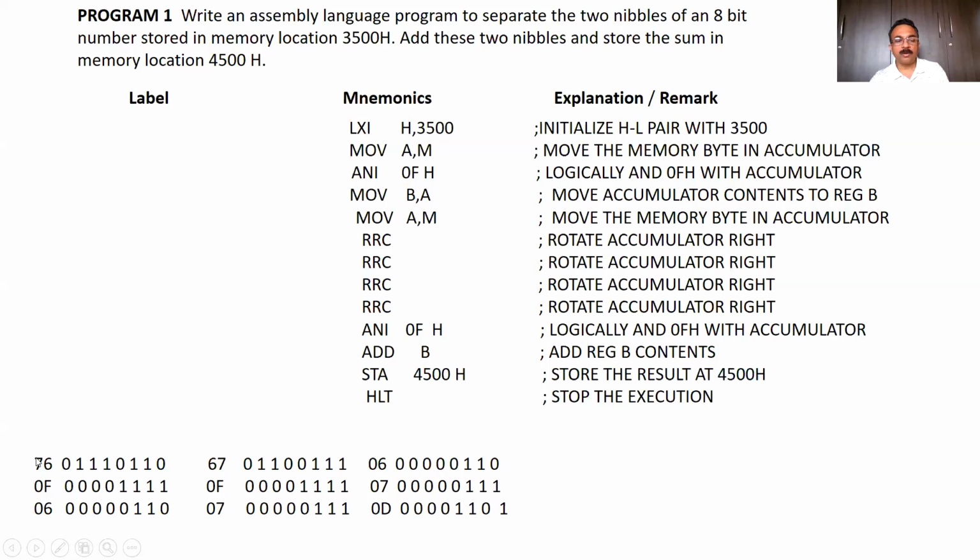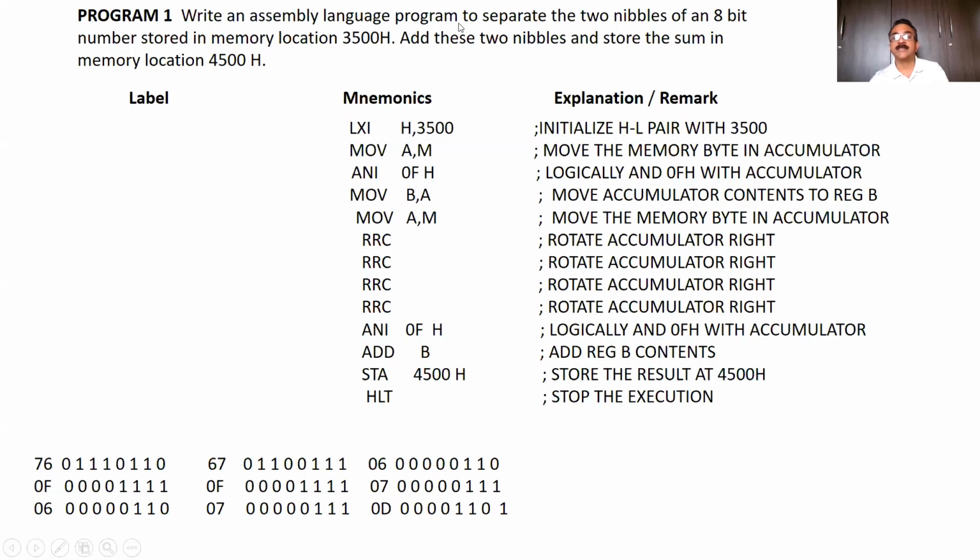Okay. Now in the program, it is asked to add these two nibbles. So when we add these individual digits of a number, then we don't require counter for carry also. We require counter for carry only when 2 bytes or more than 2 bytes are added.